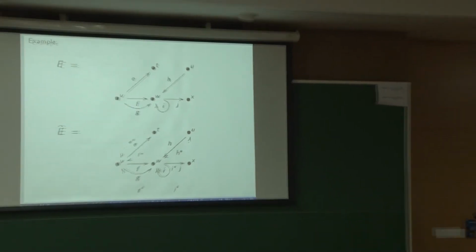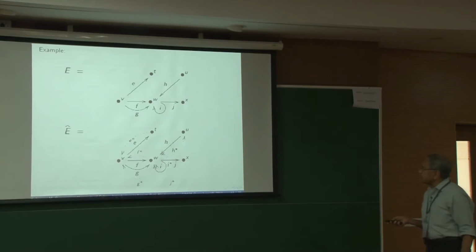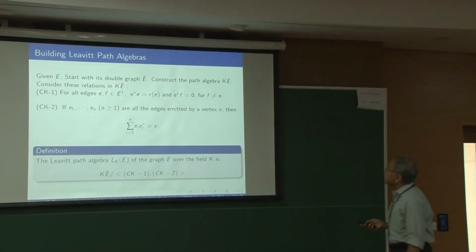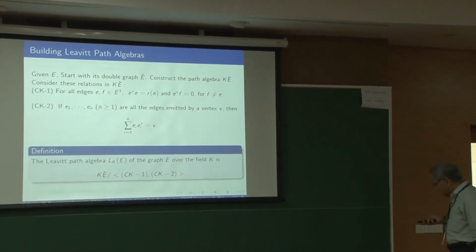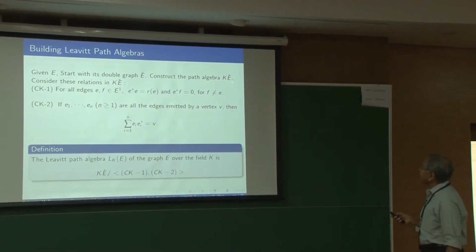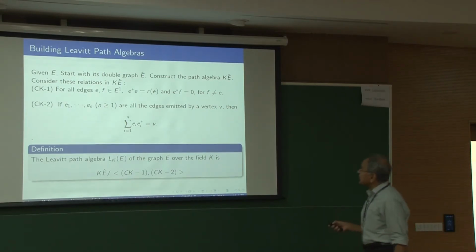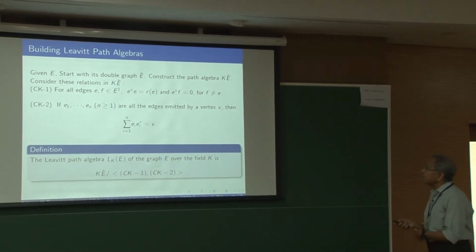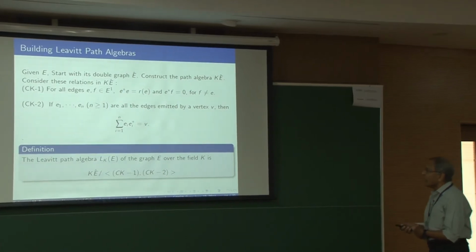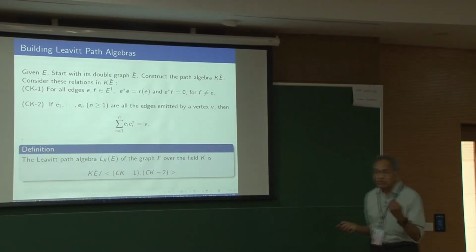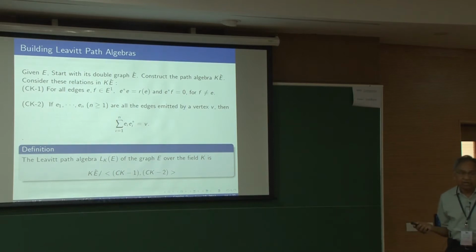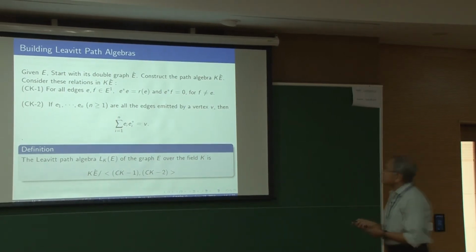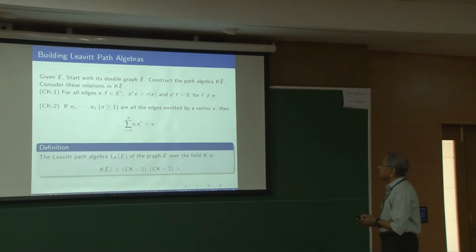So you start with a graph E, you construct such a double graph, and then you consider the path algebra. The double graph is denoted by the symbol E hat, so this is K E hat, and you generate an algebra satisfying these additional conditions. The first condition is called CK1, because originally it was Cuntz and Krieger who considered such a relation. I will come back to it later when I talk about C-star algebras.